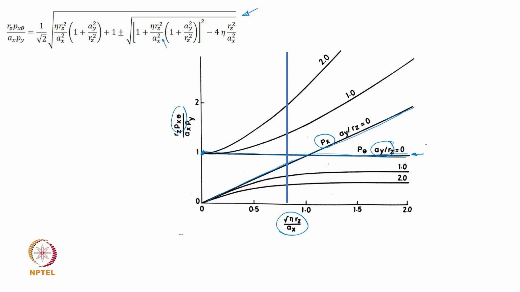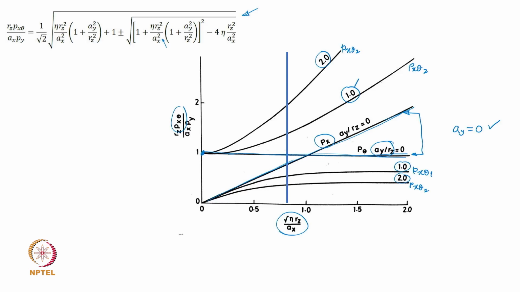Because we know that it's only when ay is equal to 0 that we get decoupled natural frequencies, obviously. So these two lines representing decoupled natural frequencies mean that ay is equal to 0. But if ay is not 0, then for ay by rz equal to 1 and ay by rz equal to 2, these two natural frequencies are px theta 2 for ay by rz equal to 1, and px theta 1, for two different values of ay by rz.